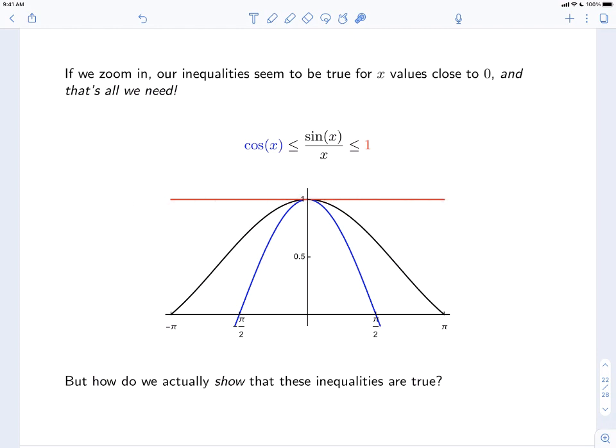And you can see they both pass through the point with coordinates 0 and 1. So when x is equal to 0, they both give you a 1 as an output. This curve in the middle is sine of x over x. And since both of these two curves on either side pass through that point, 0, 1, the curve in the middle must as well.